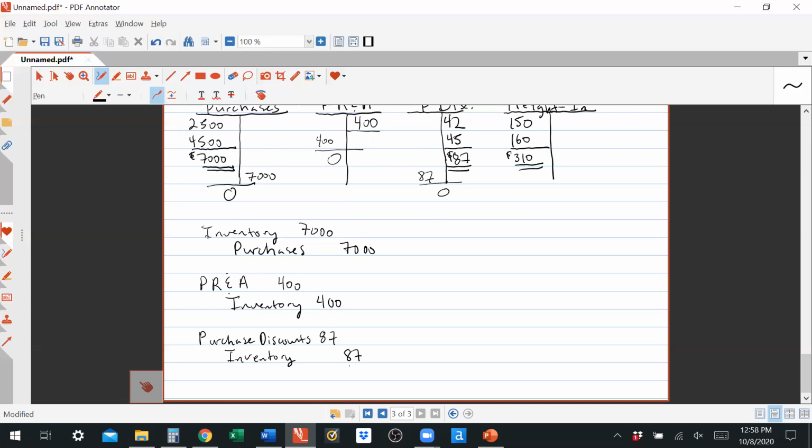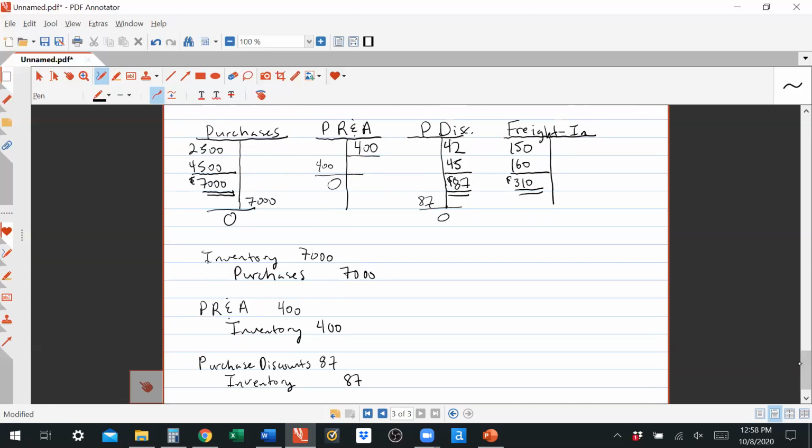And then for freight in, it has a debit balance of 310. We need to make the balance zero, so we got to credit it for 310. And that means we got to debit inventory. Freight in does eventually get into the inventory account under the periodic system. Just takes a while.